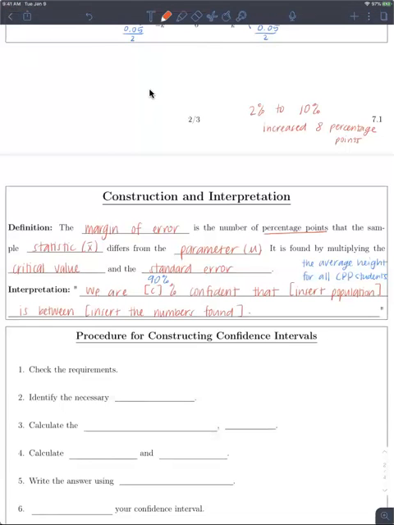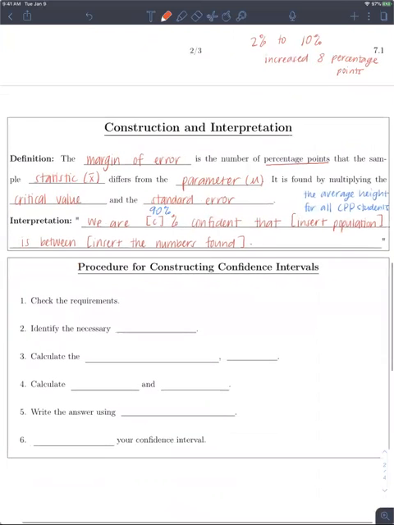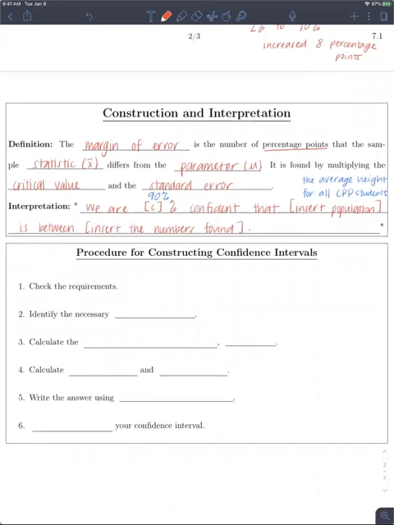Hang on real quick. This next box is basically what you need to do for every kind of problem. The very first thing that you're always going to do is check the requirements. That hasn't changed from hypothesis testing to confidence intervals. It's the same first step. The next thing you need to do is figure out which variables you're given, which again is very similar to hypothesis testing, right?